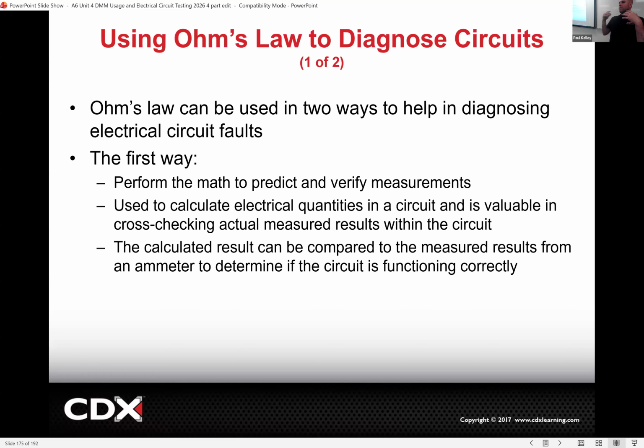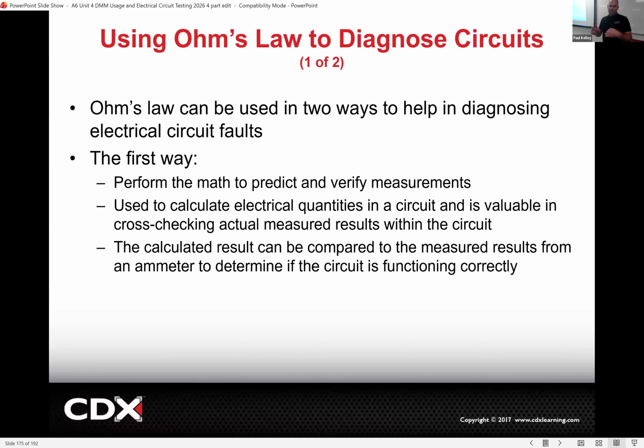So there's that diagram I showed you with the ohm guy with the rope pulling up on it. You could basically know everything you need to know by just remembering that. Cool? You can calculate electrical quantities in a series circuit or parallel too, while cross-checking the actual measurements. So I wouldn't call this Ohm's law so much as you need to be able to look at a circuit and predict what should be where.